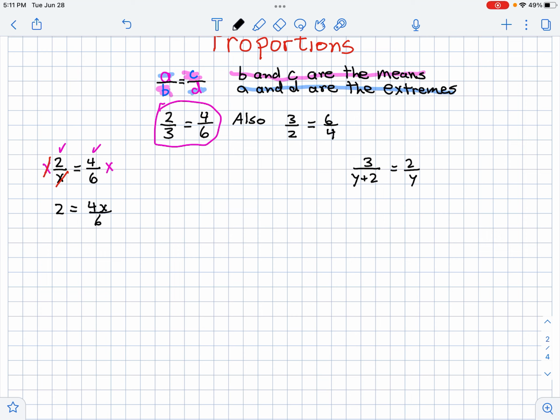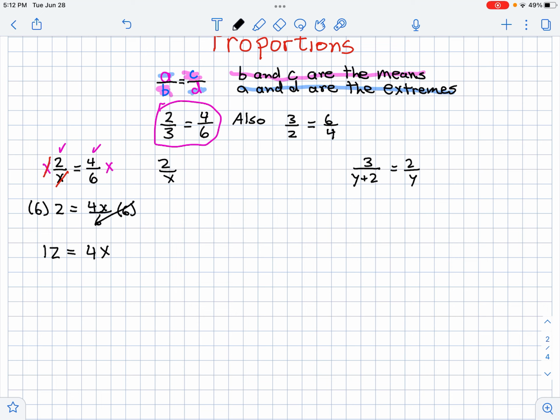Now I could multiply by 6 on both sides. Then I get 12 equals, the 6's cancel over here, 4x. Now, the last step is to divide by 4. But let me show you something.